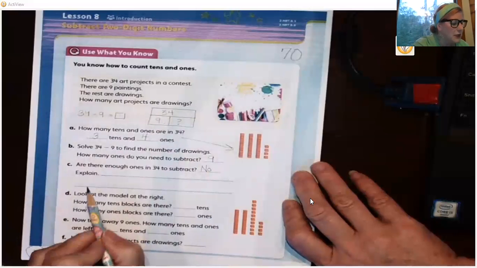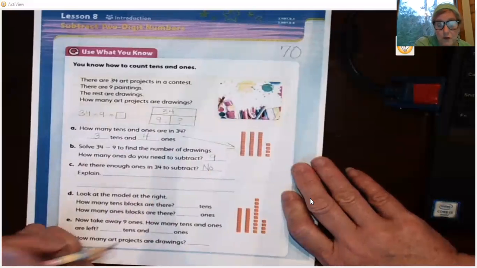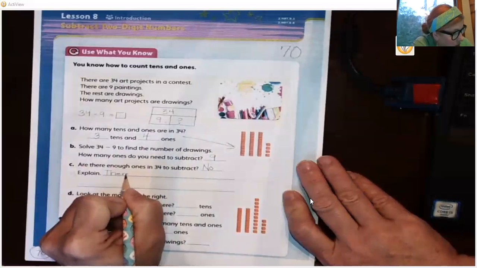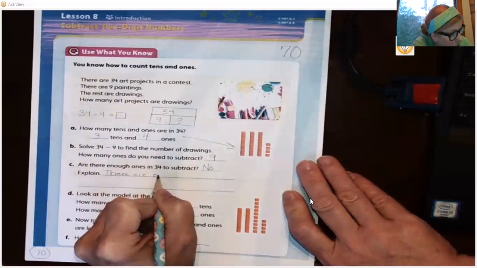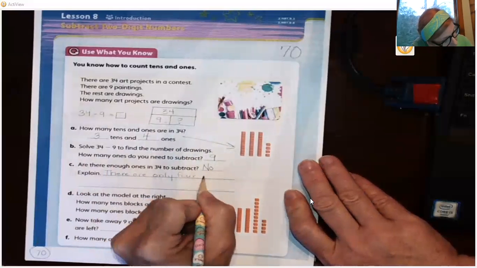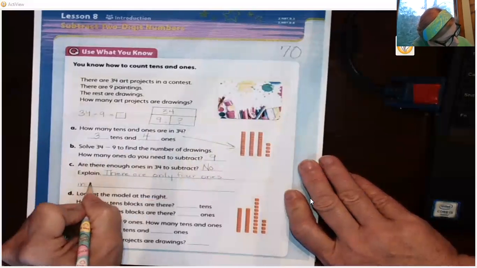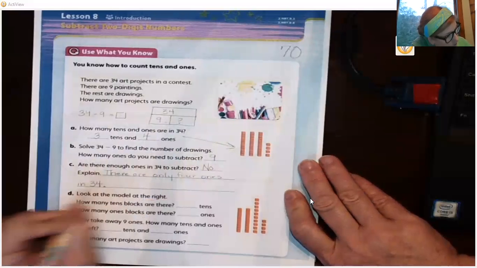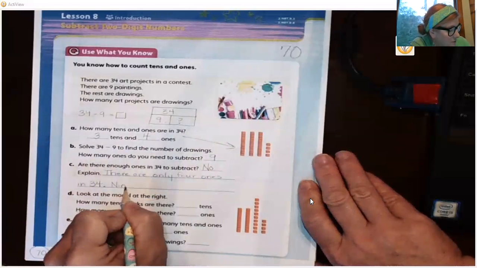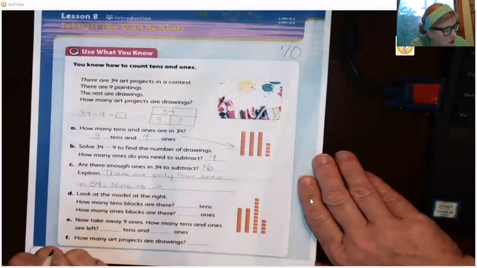It says explain. So basically it means, simply there are only 4 1s in 34. 9 is, I'm going to say greater than, to use our symbols.